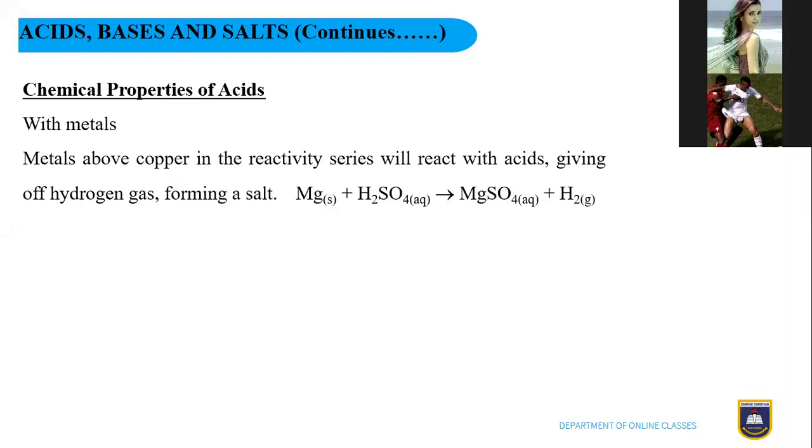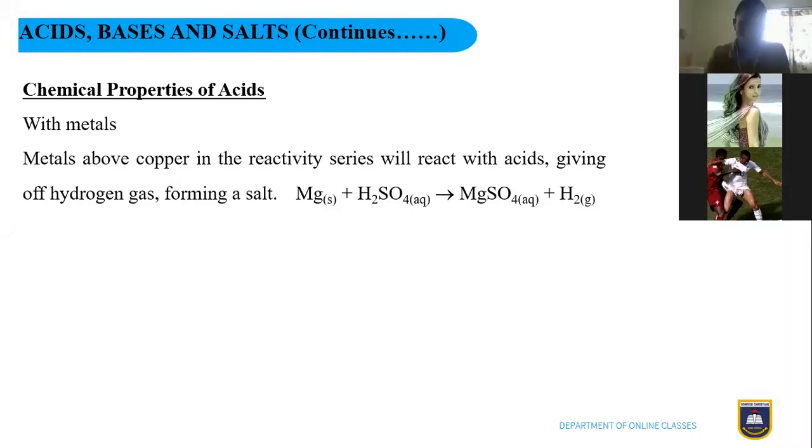For instance, it has implications for what we call the extraction of the metals from their ore. All metals that are above carbon, meaning they are more reactive than carbon, can only be gotten from their ore by electrolysis.